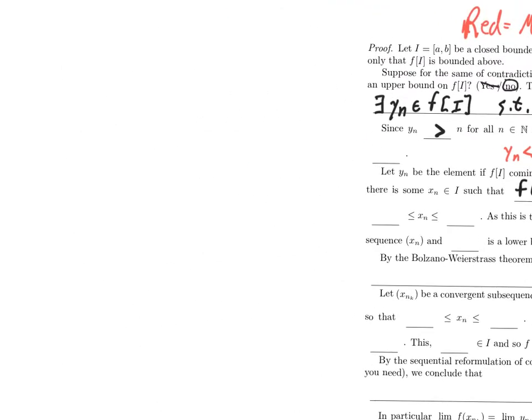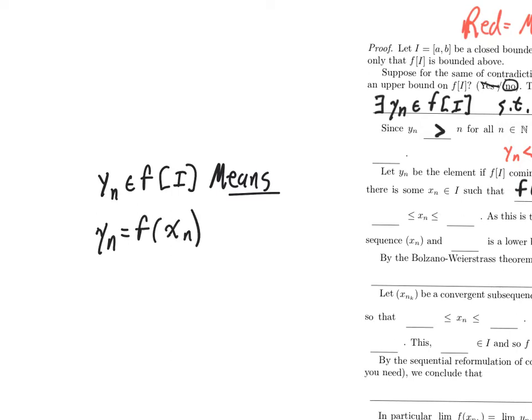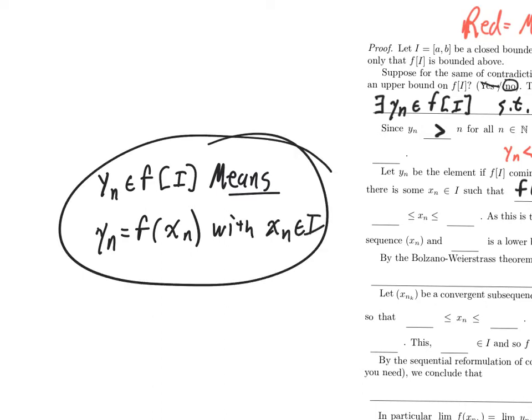Maybe I'll even remind you of that. Saying y sub n is in f of I means, by definition, saying y sub n is equal to f of something. I don't care what it is, just give it a name, x sub n, with x sub n in I. That's a definition.